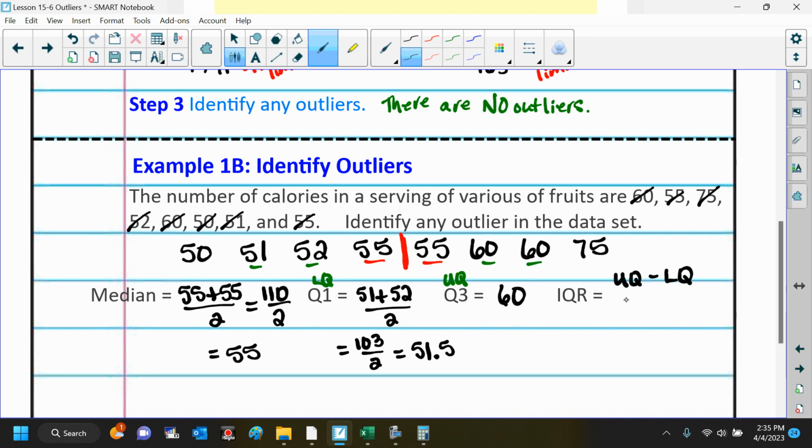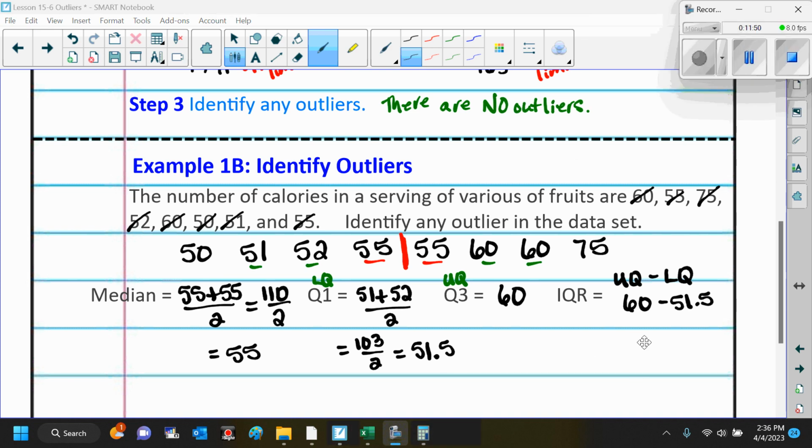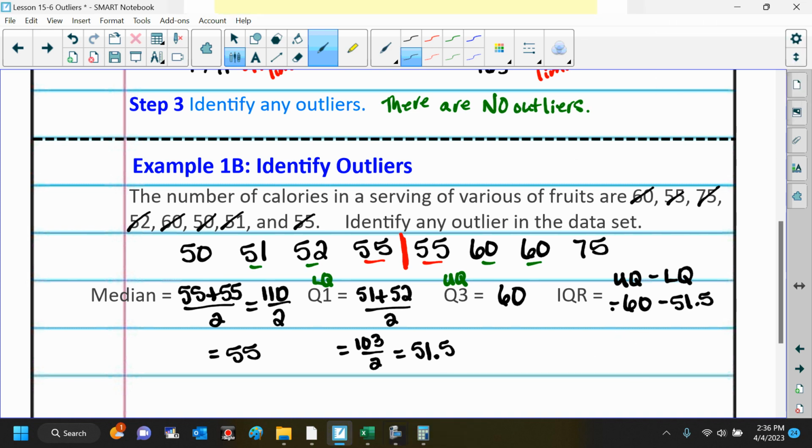So this is going to give us 60 minus, what was that, 51.5. And that gives us 8.5. So now we have all of the information that we need to do our other calculations.